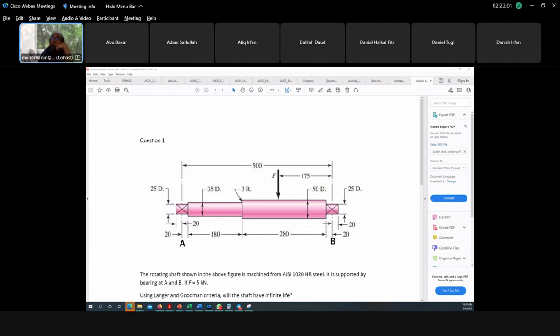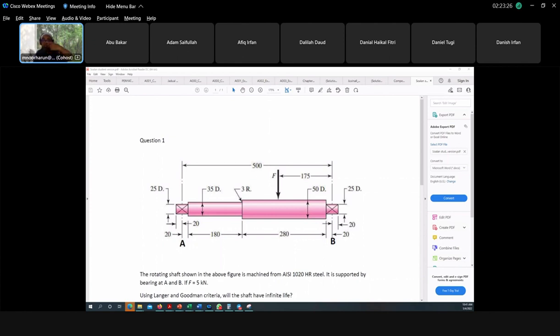So what is needed here, the most important, the first thing, is to determine which is the most critical location. Definitely at the beginning we have to find what A is, what B is, the reaction forces.